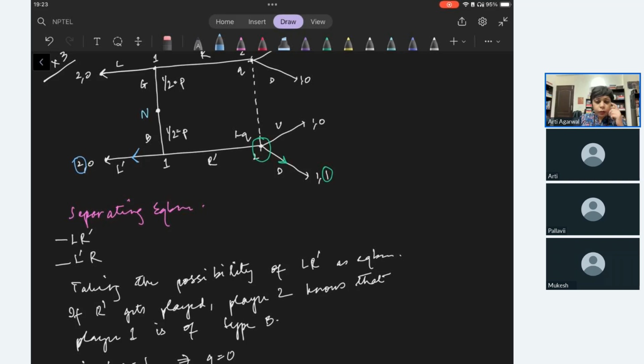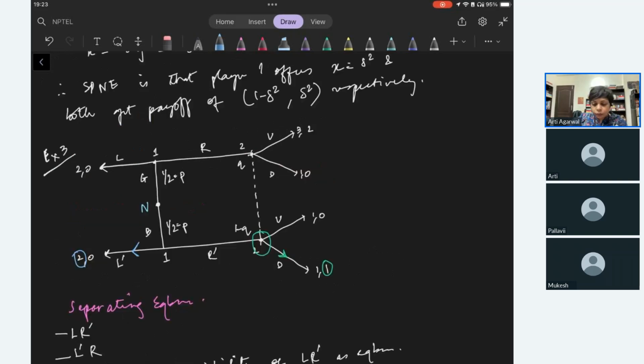Okay. Now let's go to the other part of the game. Now we are assuming that player 2 has chosen D, right? Which means that even in the other part of the game, he is going to choose D because he has taken Q as equal to 0. So his strategy still remains as D. Now in this part of the game, let's see what happens to player 1's payoff. If player 2 is choosing D, player 1's payoff is 1.